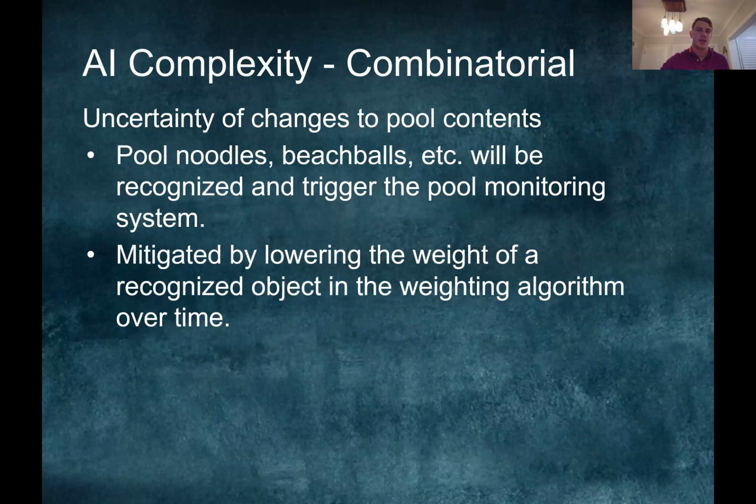When you have an event such as this, the user is notified, they can acknowledge it, and over time the weight of this video or image data recognition will decrease and de-escalate, so that unless a new event occurs, such as heavy activity in the pool or motion being detected, it will essentially assume that there's no activity.